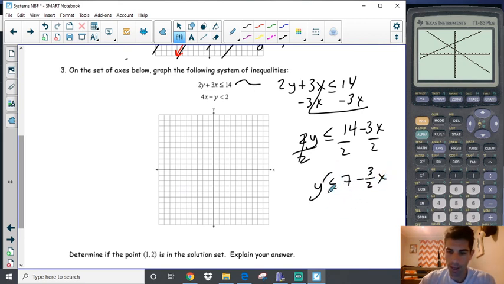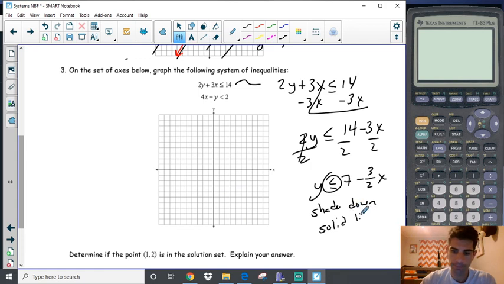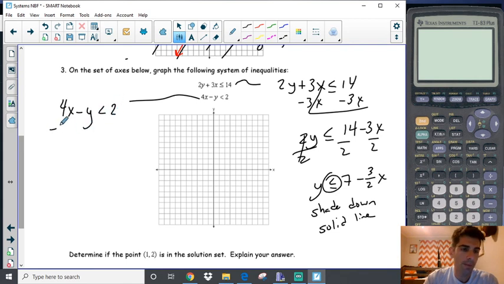And I am going to shade down. I am going to make a solid line. Now the purpose of me putting this question here is to test to see if you remember this little trick. Here I'll first start by moving the 4x by changing his sign and writing negative 4x.